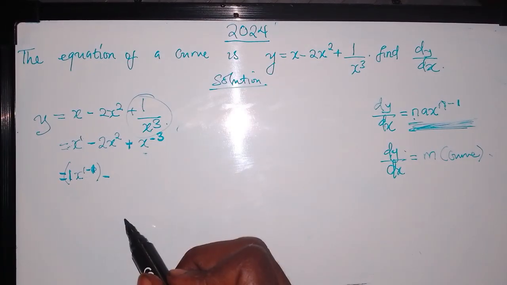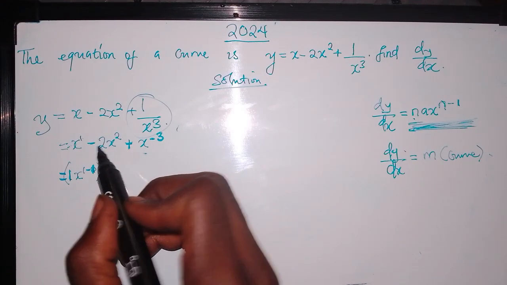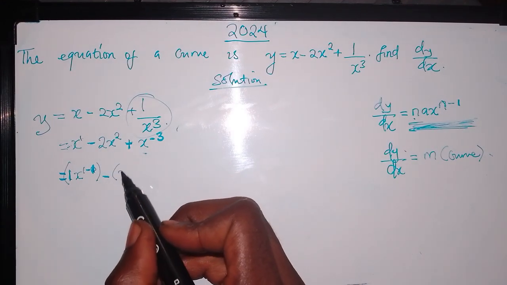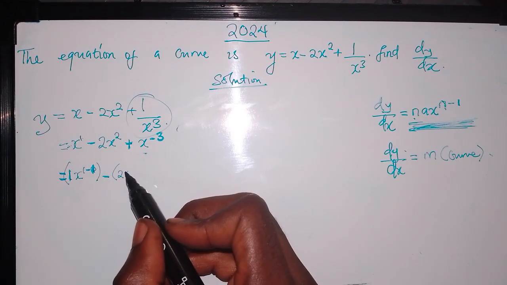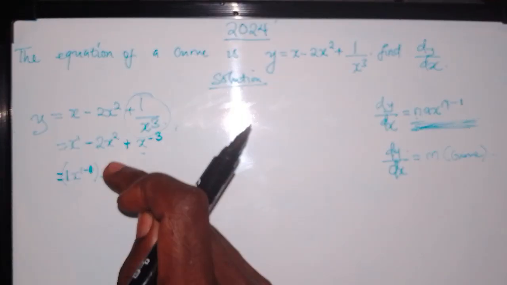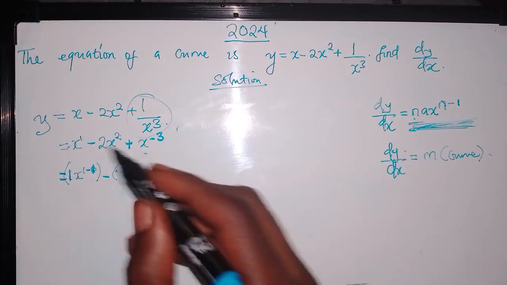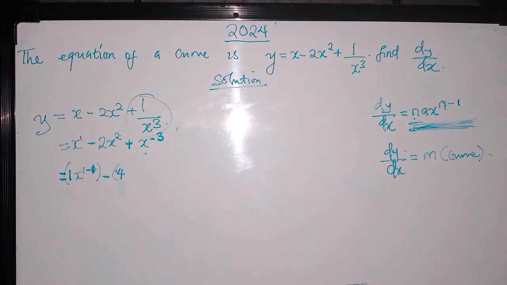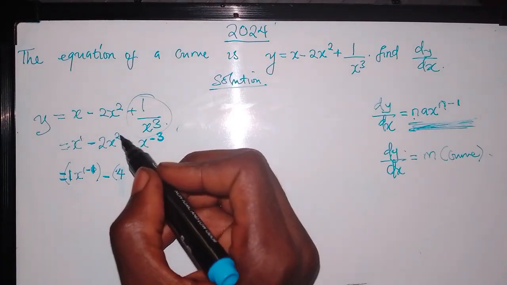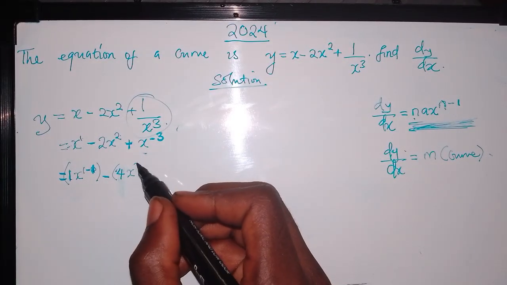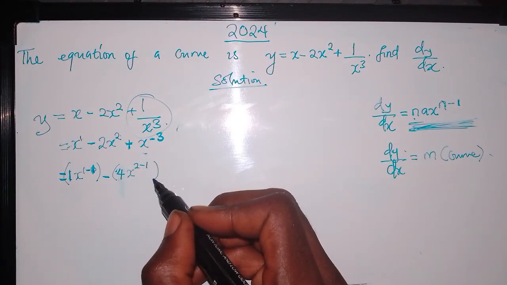You come to this one. You say 2 times 2, you have 2. Let me multiply. So 2 times 2, we have 4. Then x to the power 2 minus 1.